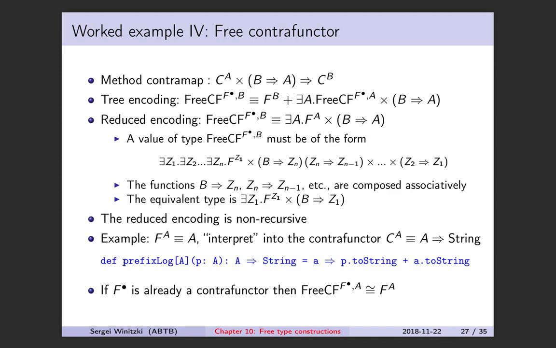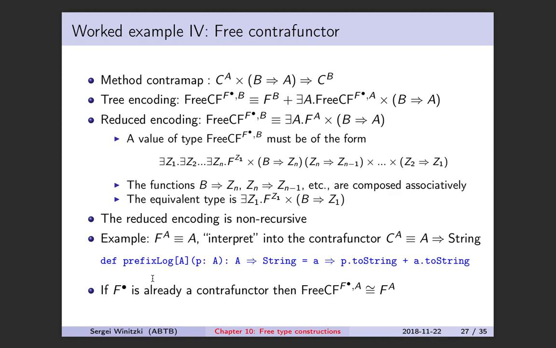And then this would be a transformation from identity functor to this contrafunctor, which is prepending a prefix to a log message. And I'm going to show the code in a few minutes. That's how we would use a free contrafunctor if we needed it.